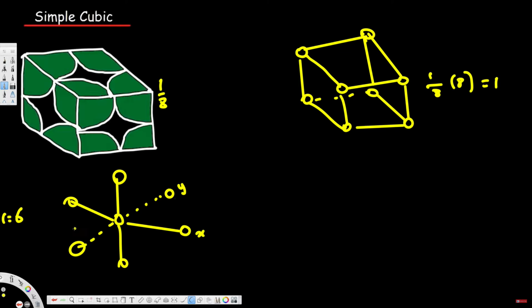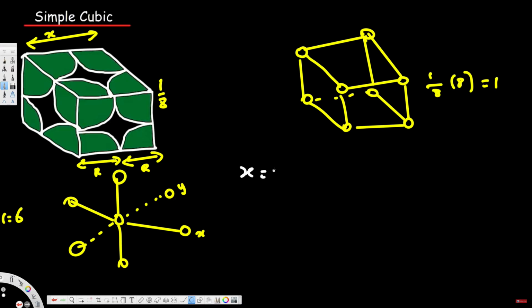And also if we look at the volume, but before we go for that, let's look at the radius. For a simple cubic structure, each of these atoms has radius r. So this is r, this is r. If we pick up this, if we say this total distance is x, then x is equal to 2r.